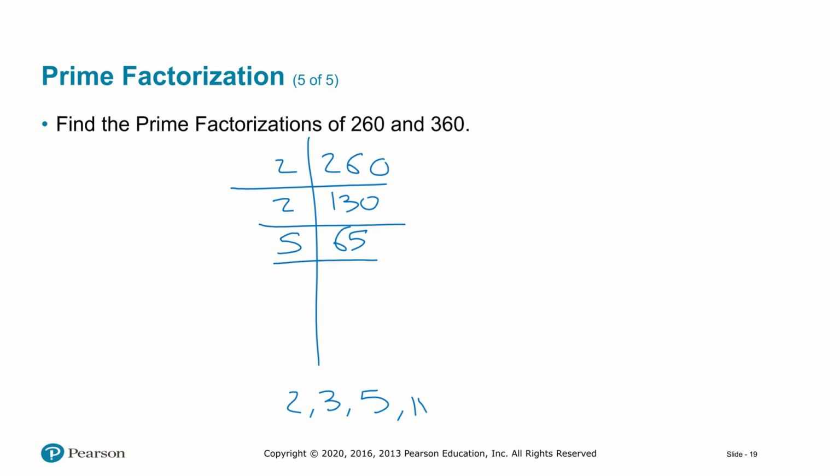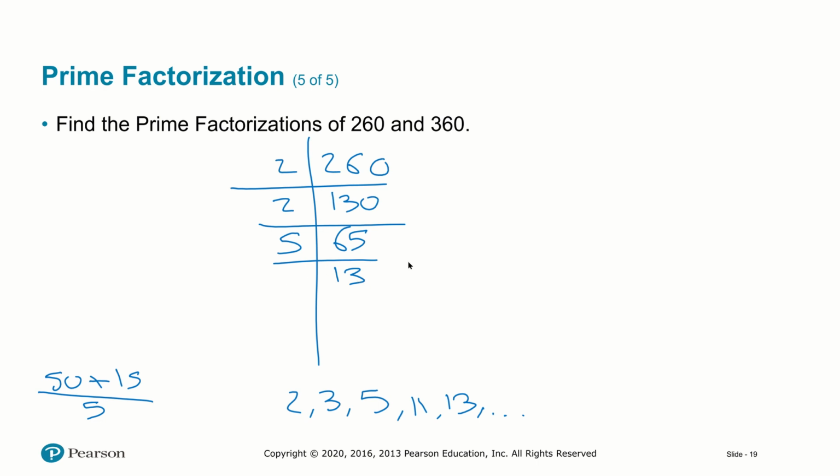65 divided by 5. Let's see if you can do that quickly. That's 50 plus 15 divided by 5. You get it? 50 divided by 5 is going to give you 10, and that's going to give you 3, so 13. Now we've reached a prime number, right? Remember, 13 would be like the next prime in this list. So what is the smallest prime number that goes into a prime number?